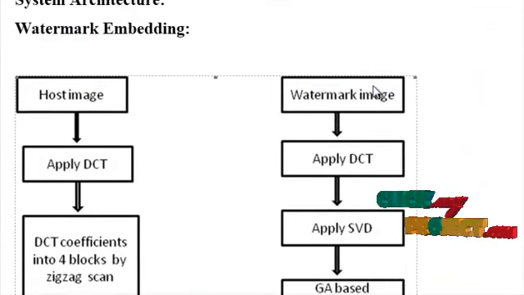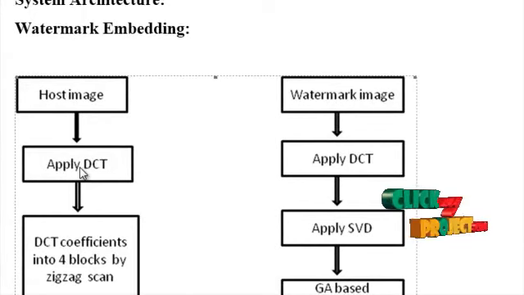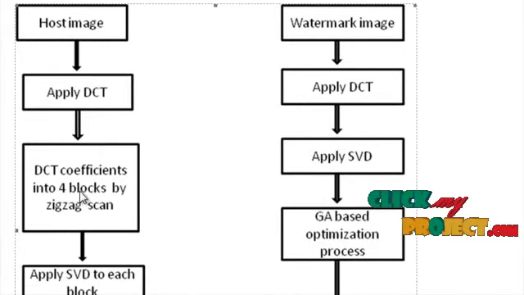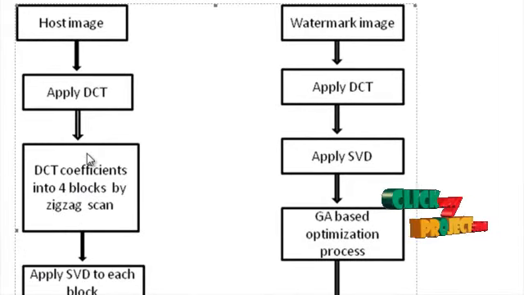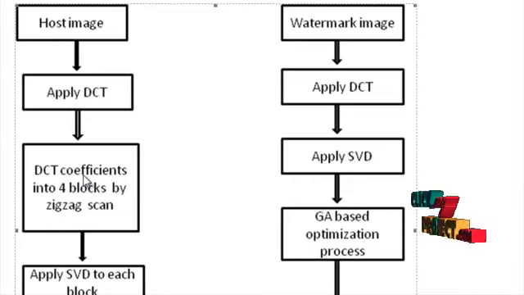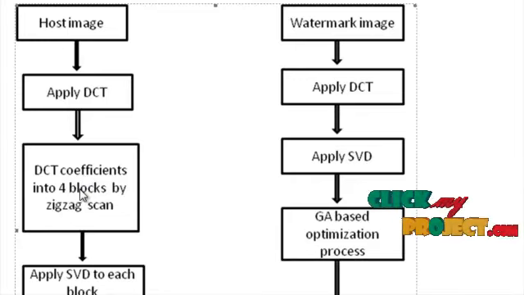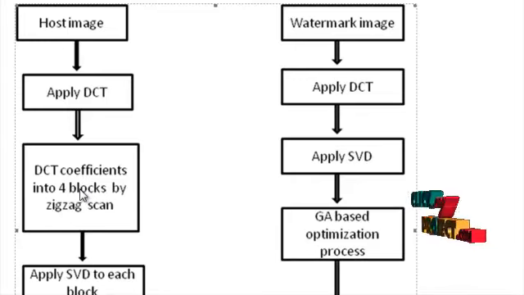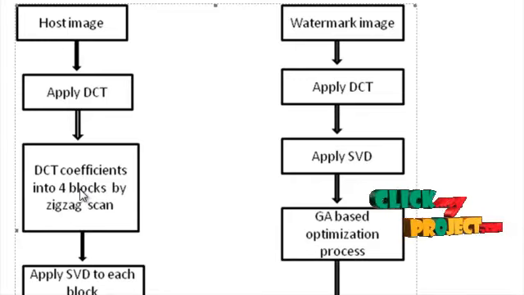This is the flow of our process. First, we apply the discrete cosine transform to the host image and use the zigzag space filling curve for the DCT coefficients. The DCT coefficients in the zigzag manner are then mapped into 4 areas with different frequencies in a rectangular shape.